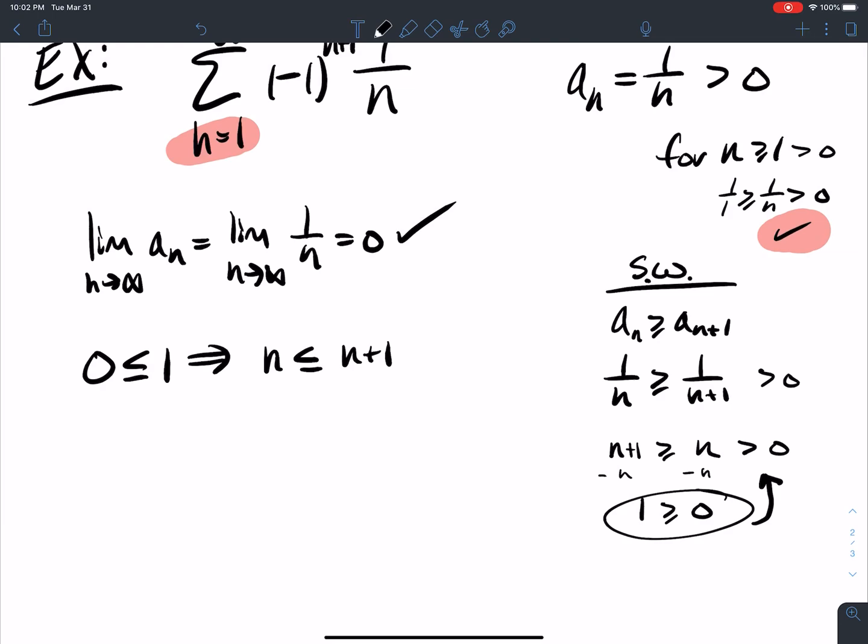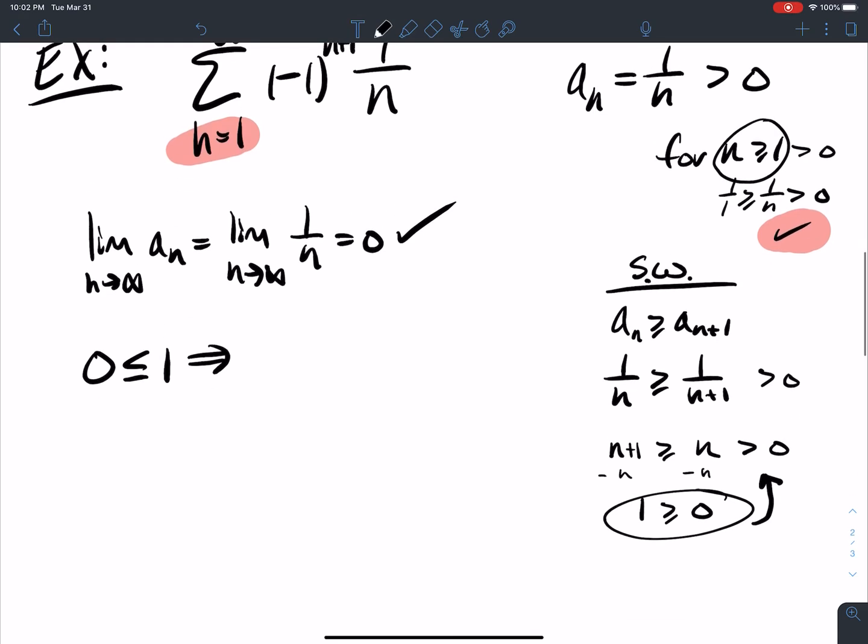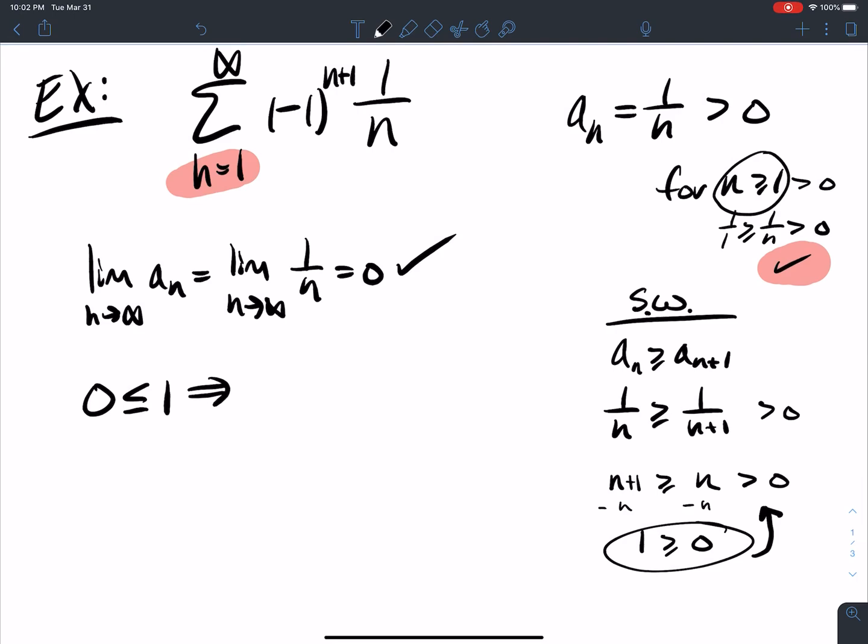Now, what do we know about n? We know from our assumption that n is greater than or equal to 1.